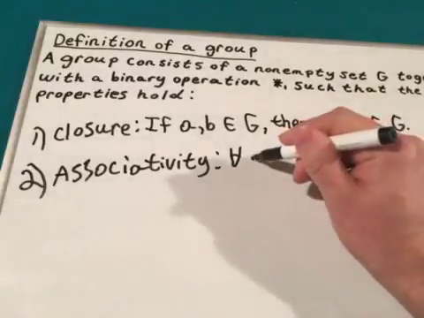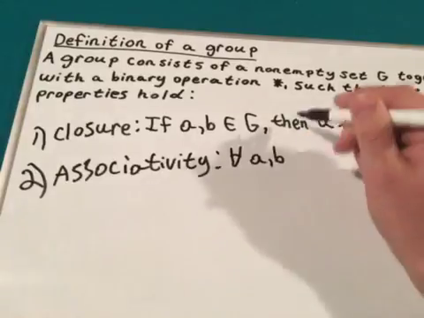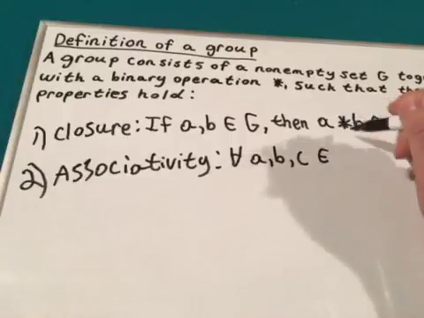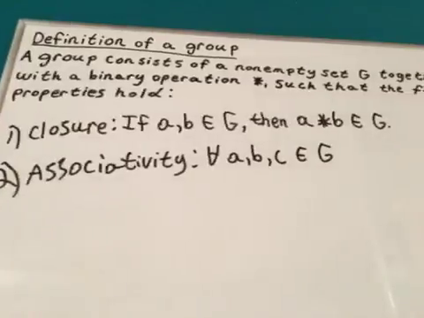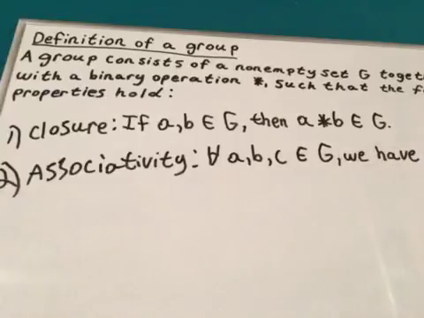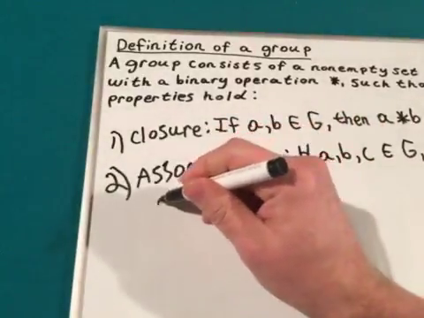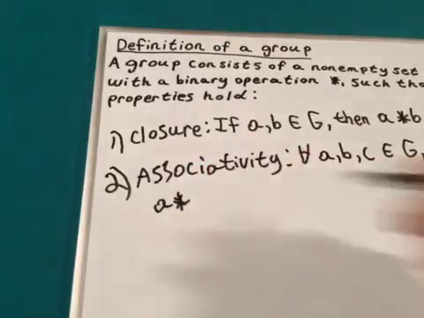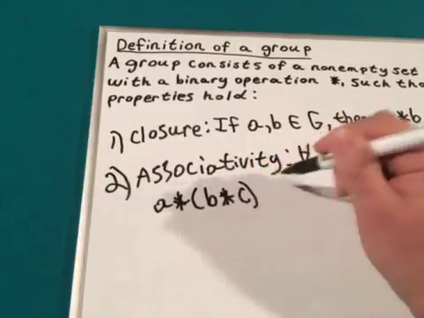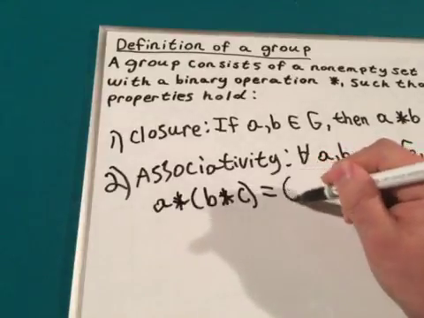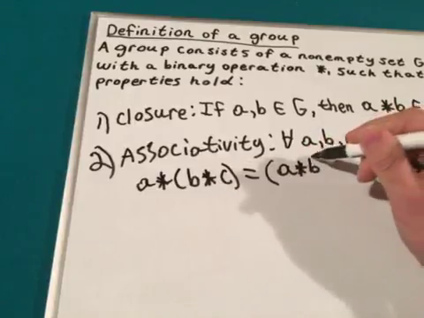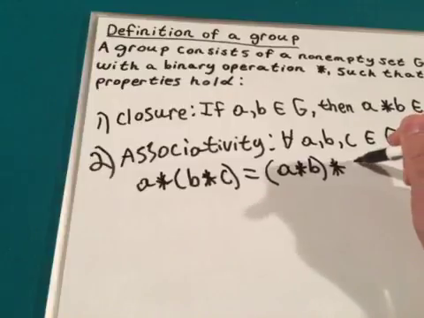So for all A, B, and C that are elements of G, we have A star B, star C is equal to A star, B star C. If we just move the parentheses over, we get the same thing.